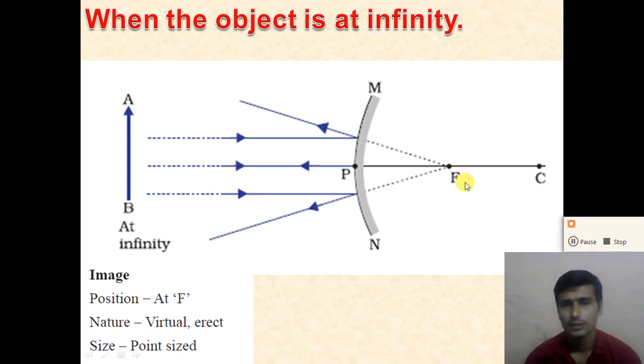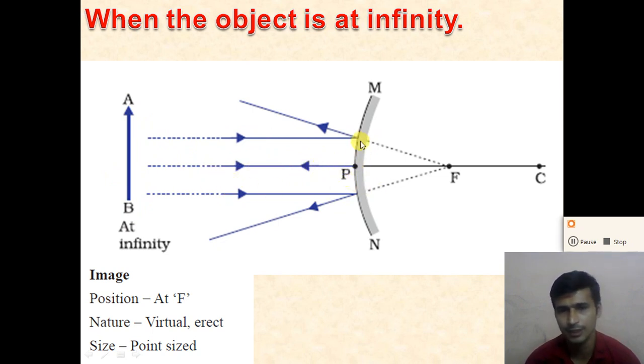Now when the object is placed at infinite distance, very far from the convex mirror, the rays coming from the object at infinite distance are parallel to the principal axis. So we draw here 3 rays which are parallel to the principal axis.